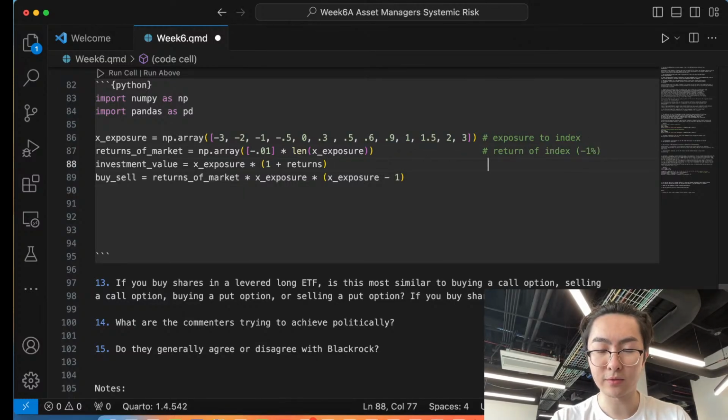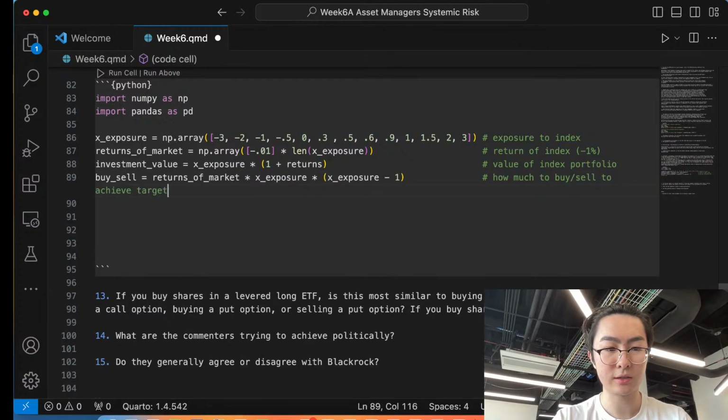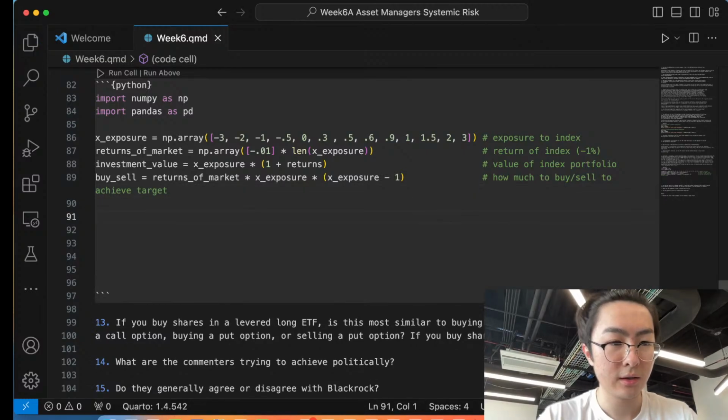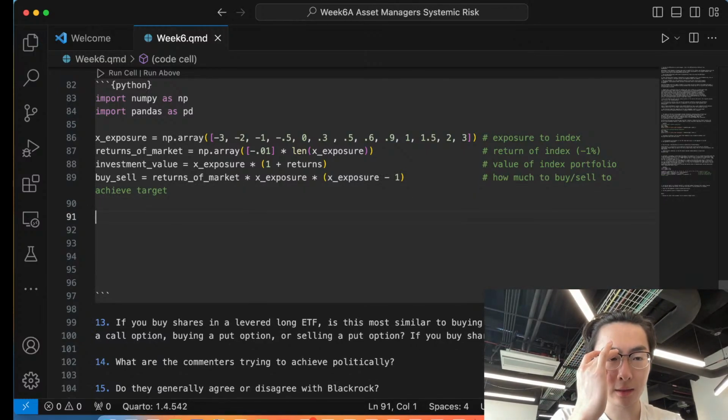And then we have investment value, so value of index portfolio, and then how much we need to buy or sell to achieve targets. Okay, so with that being said, I think these are all the things we need, and then we can create our data frame.